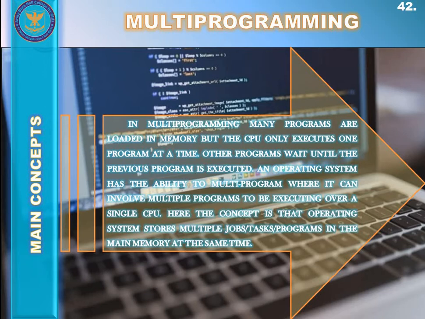So if they have huge capacity, they will occupy the space of RAM, and a shortage of space can occur in RAM at that time. Sometimes bigger programs or software of huge capacities cannot fully load into the main memory RAM, and thus programs can run slowly. So multiprogramming can make your RAM slower.